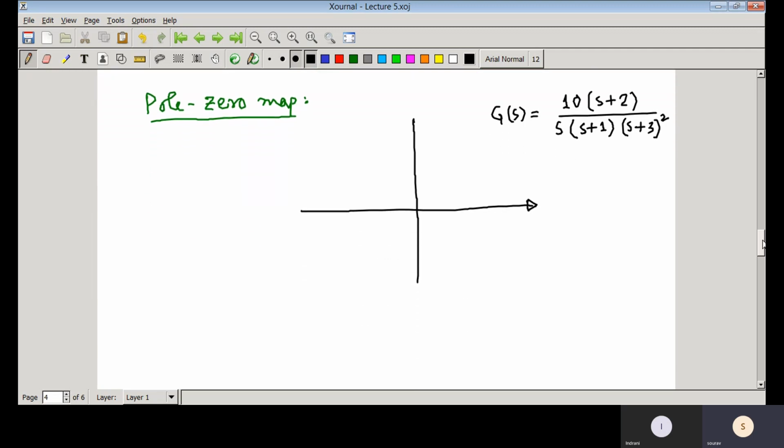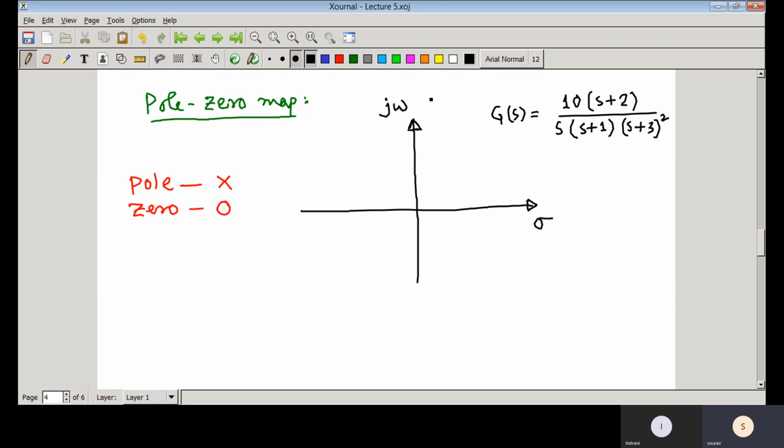So we use some terminology, some symbol in pole zero map. So pole is indicated by cross and zero is indicated by this symbol, small circle. So in this particular example, let us first see what plane it is. So this plane is sigma j omega, that means this is a complex plane.